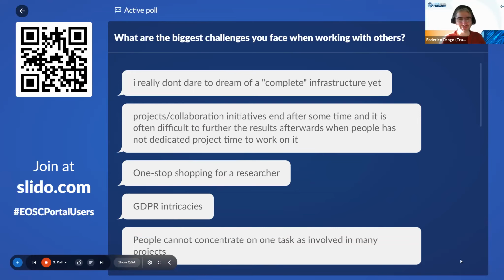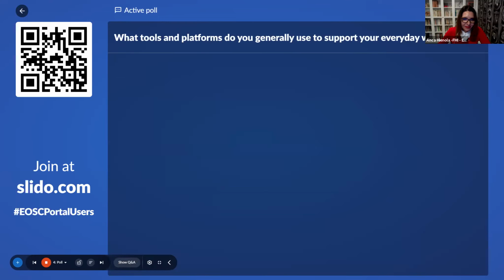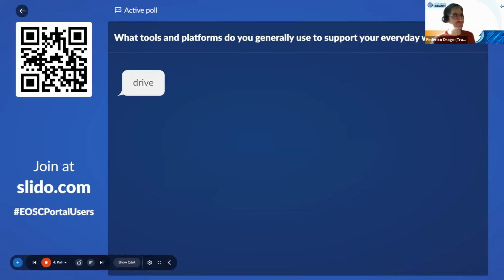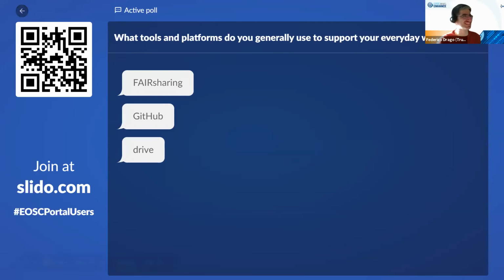Okay, we have a few more. So let's move on. What tools and platforms do you generally use to support your everyday work routine? So this was also part of the survey. In this case, we're asking about your actual, current experience, so if you want to share. Let's see. Yeah, the first one, as expected, Google Drive.